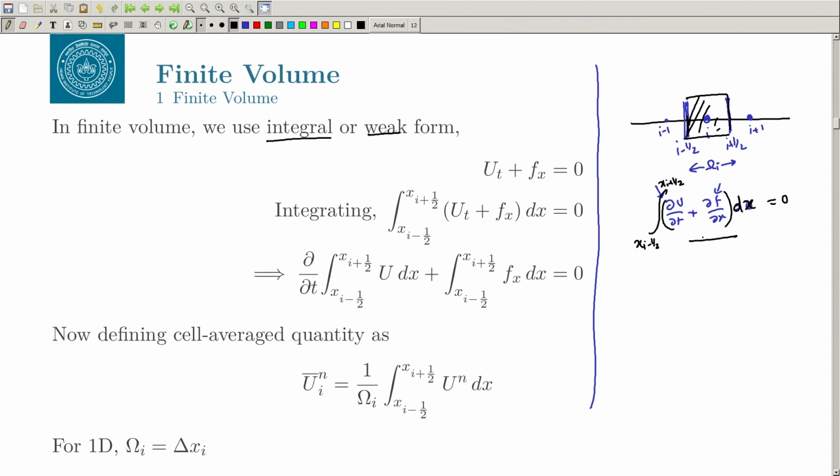We can separate this out, and it will become the integral from x I minus half to x I plus half of du by dt dx, plus the integral from x I minus half to x I plus half of del F by del x dx equal to 0. Right. Now, what are we going to do? We are going to define a cell average quantity.